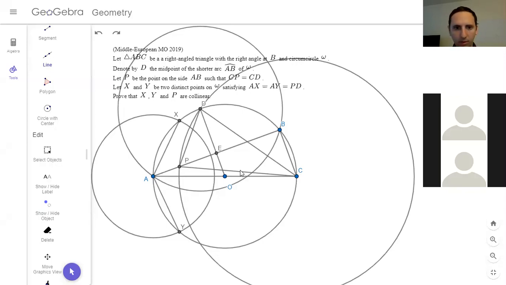Actually, this is bashable with coordinates because there is a prominent right angle, and I actually found the coordinate solution. Oh, you found a coordinate solution? Yeah. I think the product we are trying to find is AP times AB.